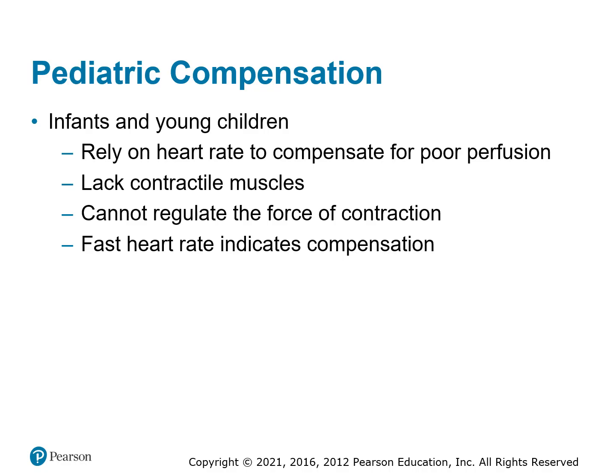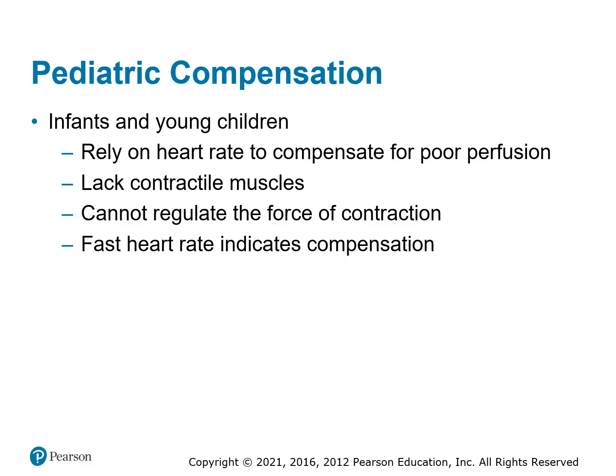Pediatric patients, just a note here. Pediatric patients rely on their heart rate to compensate when they're not getting good circulation or good perfusion, because they lack developed contractile muscles. They're not quite developed yet, and they can't regulate the force of that contraction like adults can.